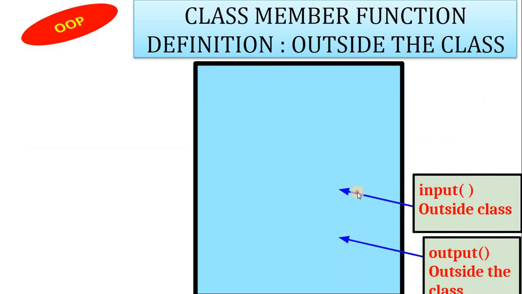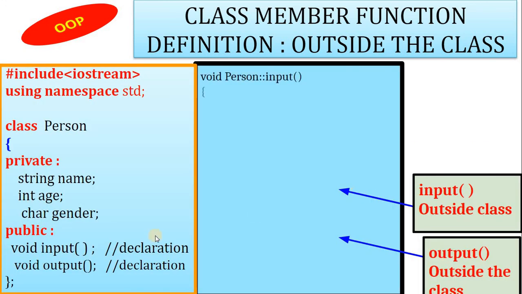So for example, in the same program we are writing here, observe that now the input function and output function are just declared inside the class. They are not being defined here, and we close the class person. Now to define them outside the class, we need void, that is its return type, then the class name, that is person, the scope resolution operator, and the function name, that is input. And the body doesn't change.